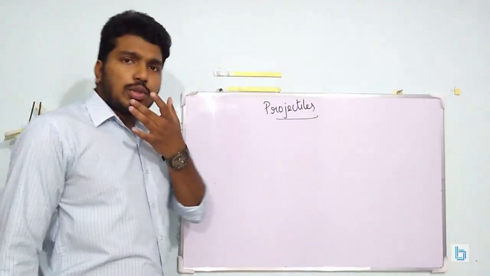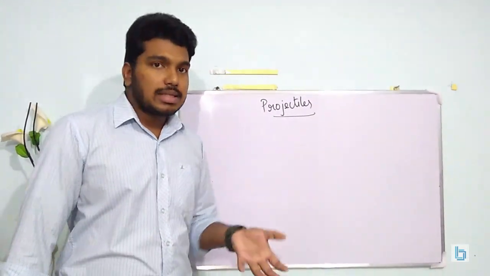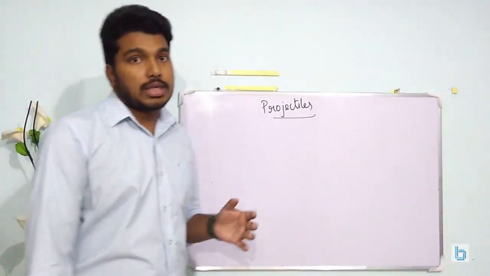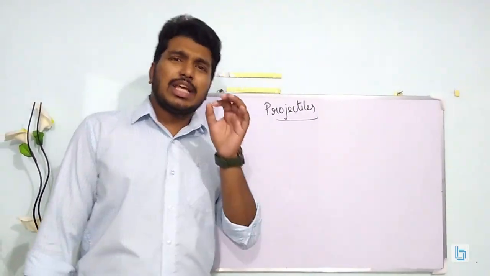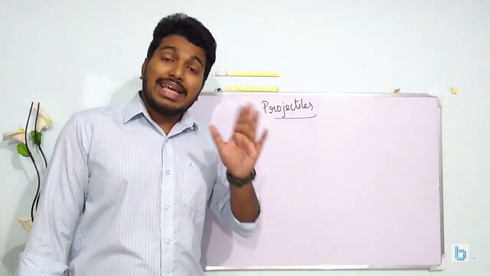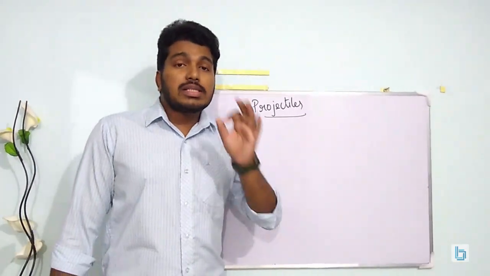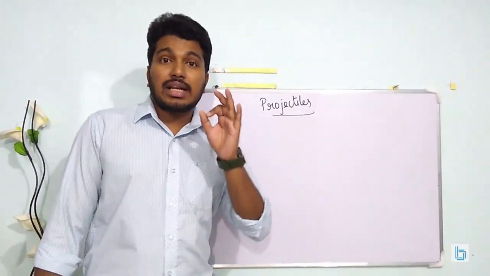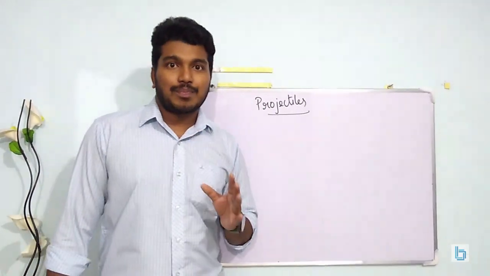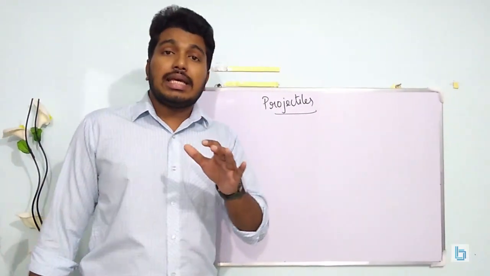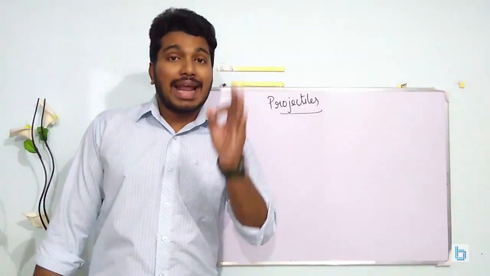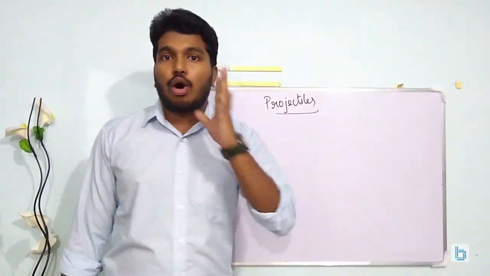Before moving on to learn about the oblique projectile and the others in detail, let me tell you what a projectile is. The basic definition: it is any object thrown near the surface of the earth with a certain initial velocity at a certain angle theta, and which subsequently falls freely under the effect of gravity of Earth alone.